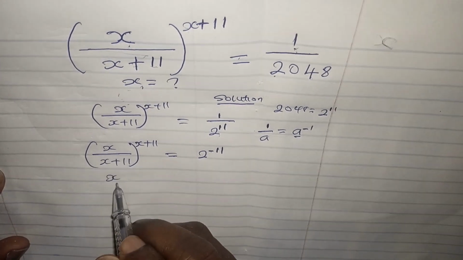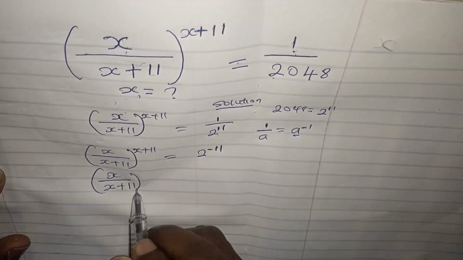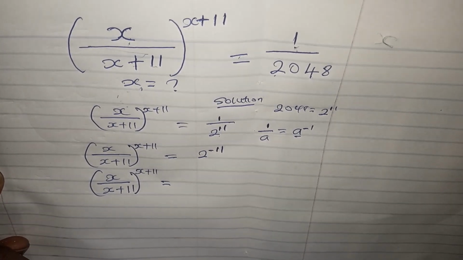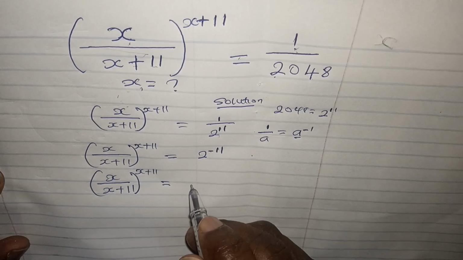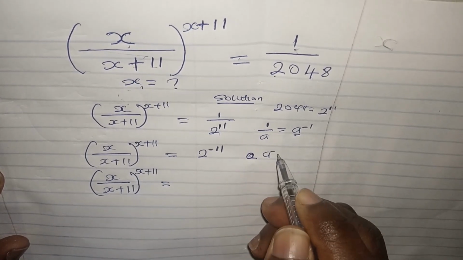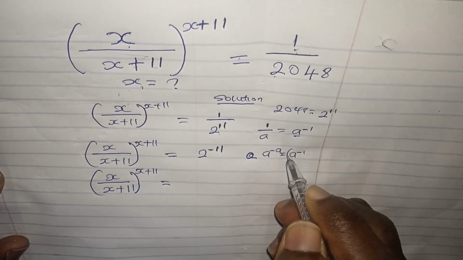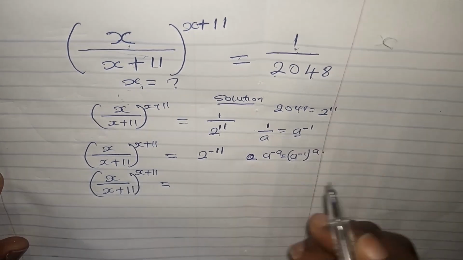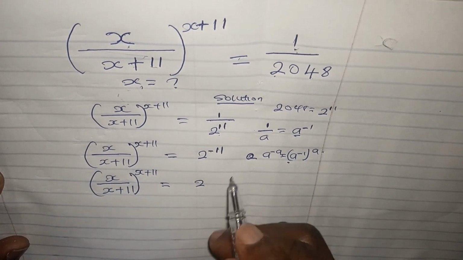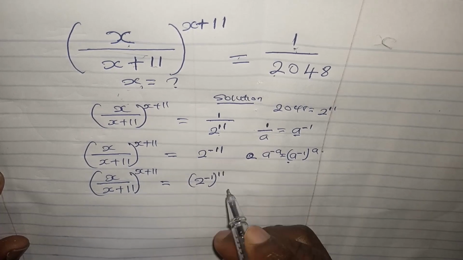We can write (x over x plus 11) all to the power of x plus 11 is equal to, recall, we can write a to the power of negative a is also equal to a to the power of minus 1 or to the power of a. So if we put this principle here, we can have this to be 2 to the negative 1 or to the power of 11.